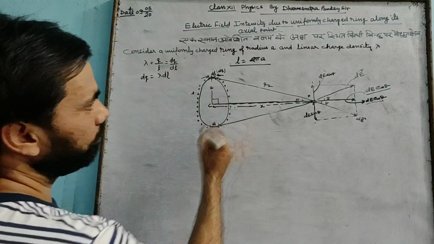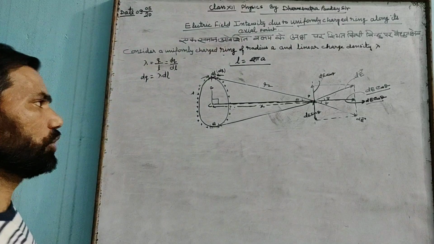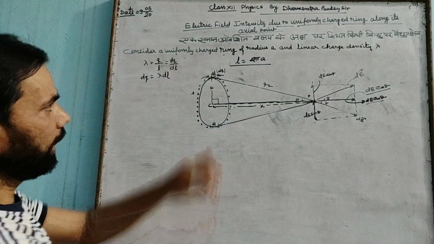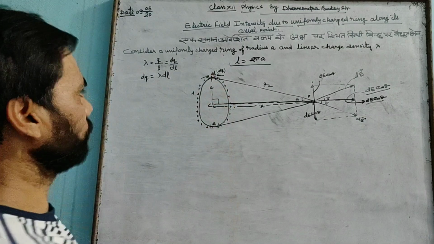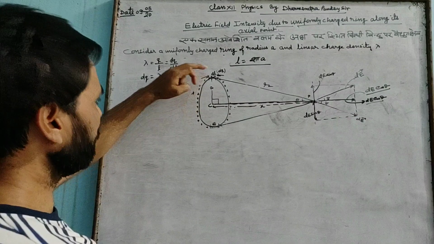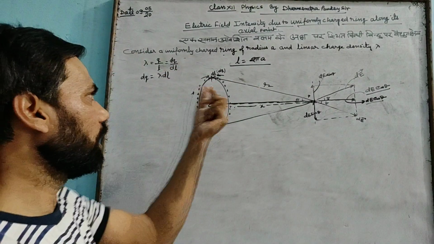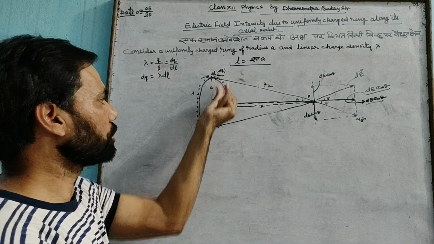Then to calculate the electric field intensity at point P, which is at a distance x from the center of the ring, first of all we divide the whole ring into small elemental lengths, or you can say small charge elements.